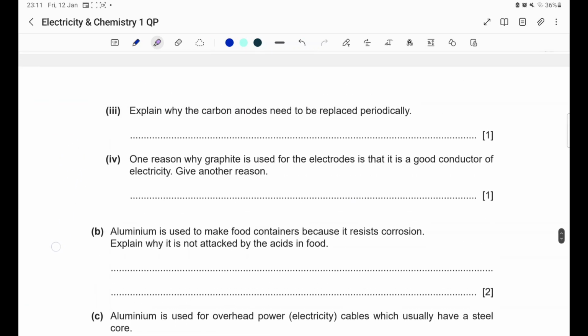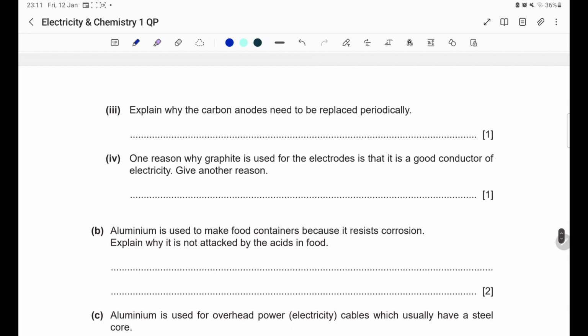Okay, explain why carbon anodes need to be replaced periodically. We also just covered this, and that is because they burn away in the presence of oxygen, forming CO2.